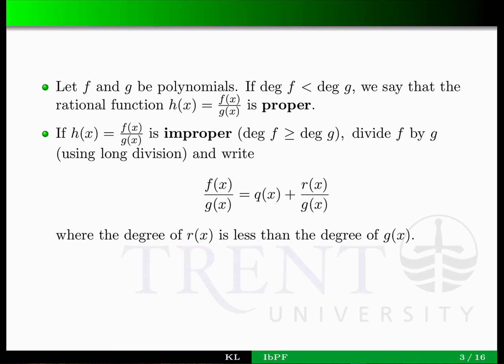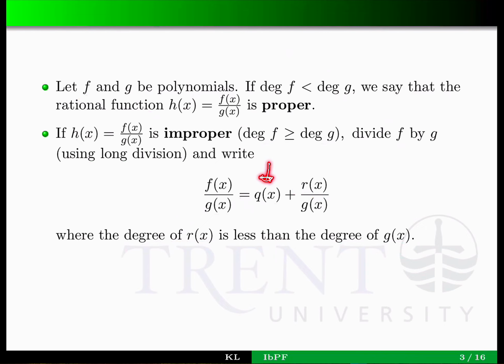So if you remember, this q of x is called the quotient. The r of x here is called the remainder. Okay? So here, since we are talking about rational functions, q of x here will be a polynomial.